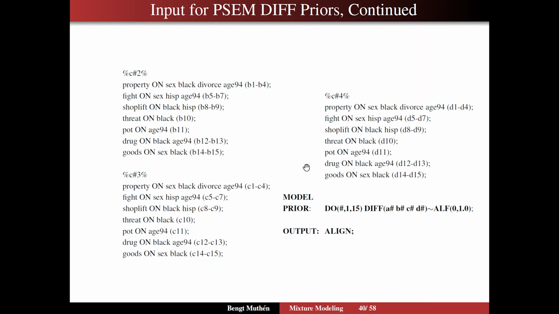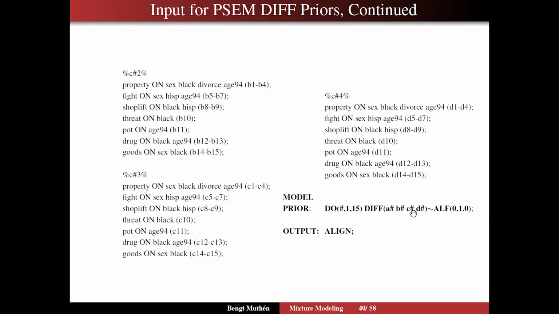So what we have here then is the new setup of do-diff priors. And the do-diff works as follows. We're allowing for class differences for each direct effect, and we're studying those class differences here.